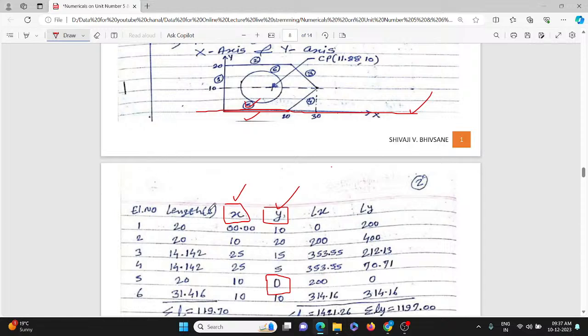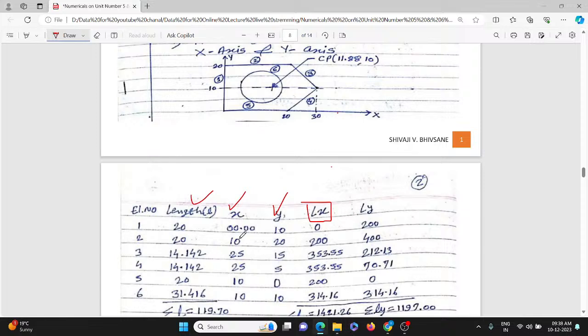So very simple. Just remember, x is the distance from the y-axis, and y is the distance from the x-axis. We are going to consider the centroid of the line perimeter. Once you have calculated the length, x and y, the next parameter to calculate is Lx.